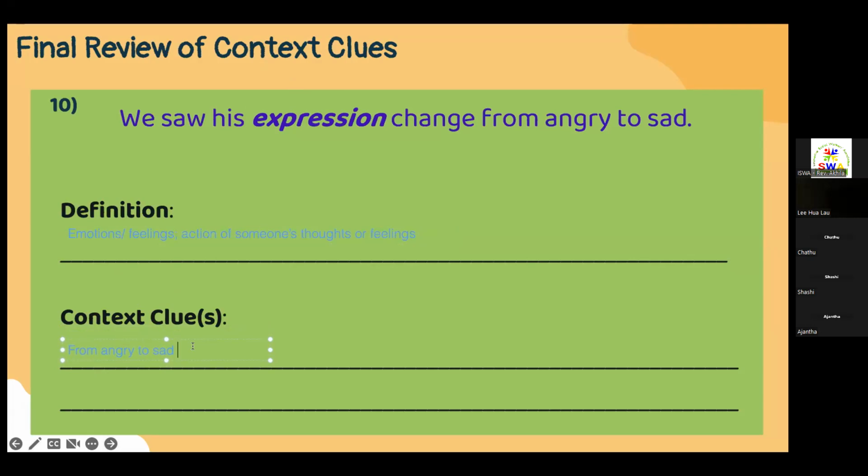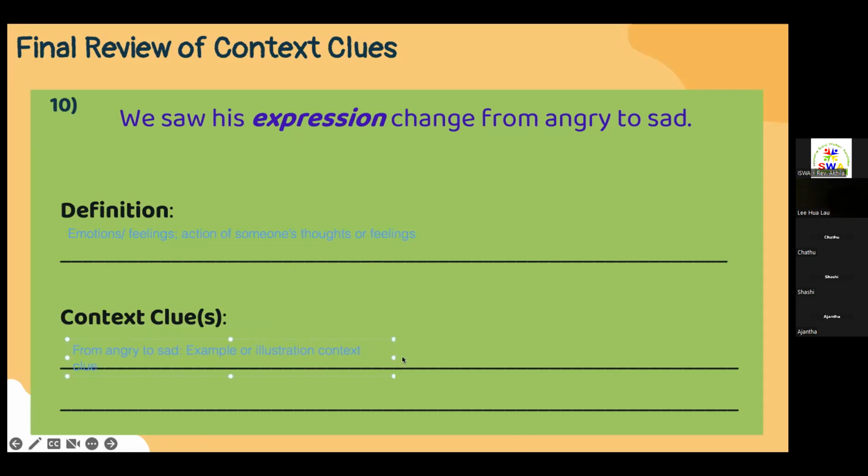So this one is actually an example or an illustration. They are giving you an example of an expression, right? Angry is one example, sad is one example. So it's an example or illustration context clue.